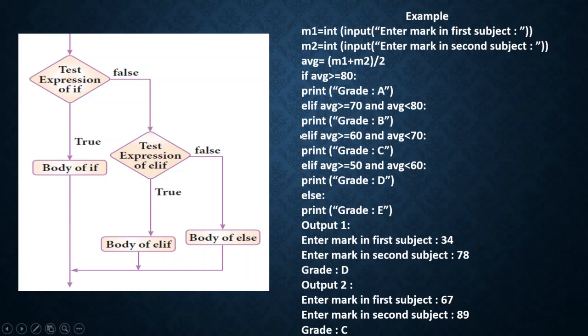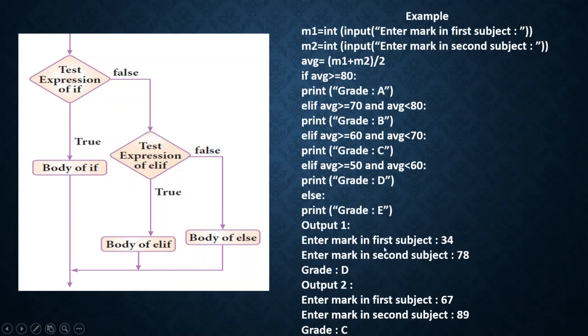It is used instead of the else statement or instead of if else statements. If the average is between 60 and 70, you will get grade C. If the average is between 50 and 60, you will get grade D, else you will get grade E.